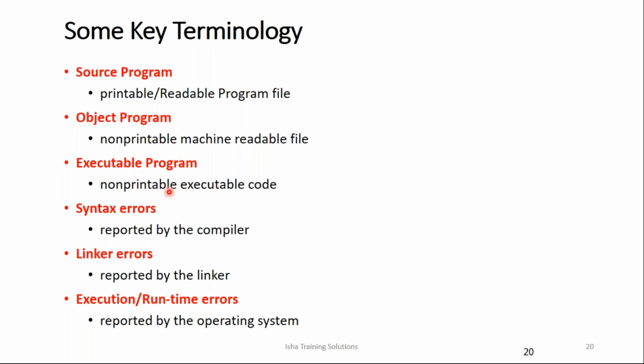It is non-printable executable code. Whatever you are going to execute cannot be printed; it can simply be executed. Next, syntax errors. These are reported by the compiler. When we compile with Alt F9, it is going to throw some errors. We will do another small thing so that you can understand what this error actually is.